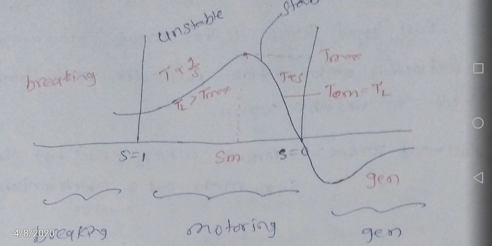After reaching maximum torque in the machine, the load decreases, speeds are increasing, and when speeds are increasing, slips decrease.